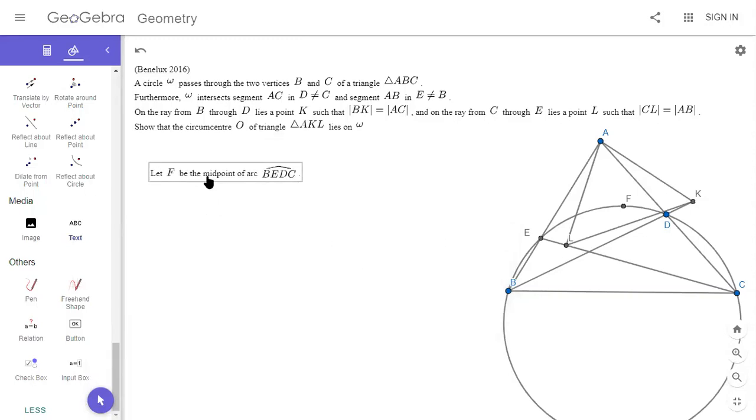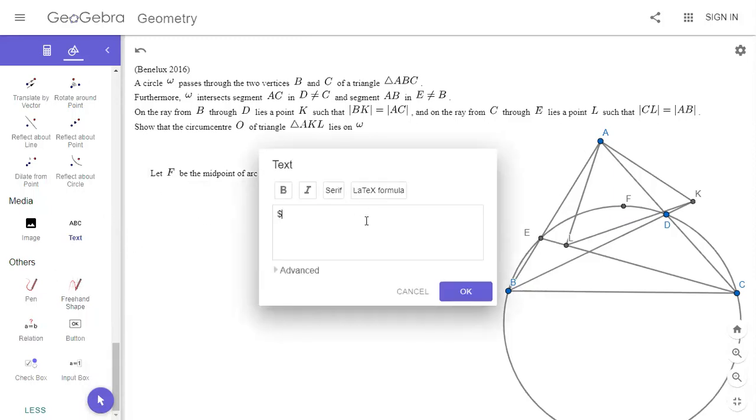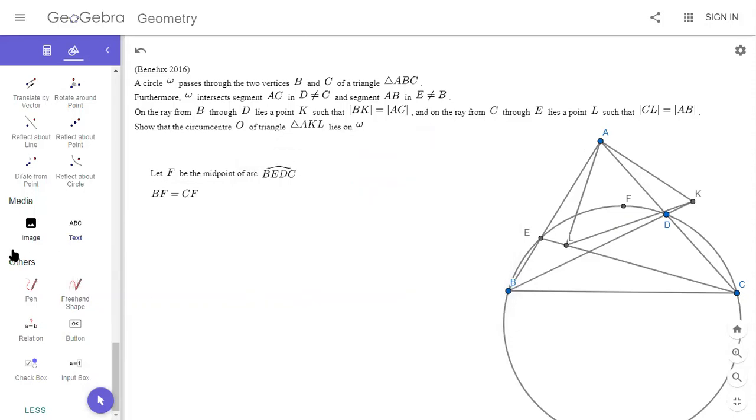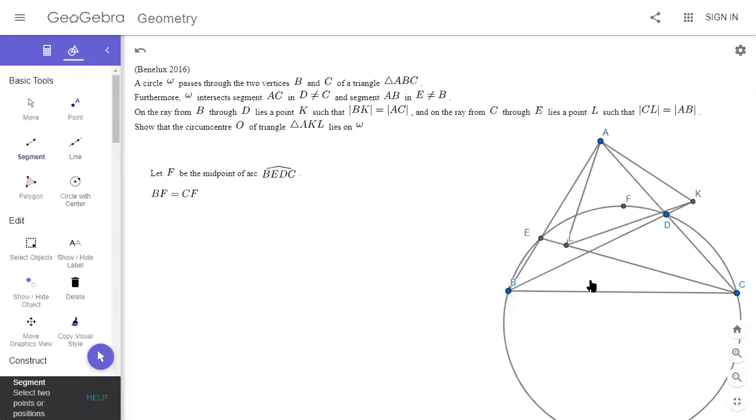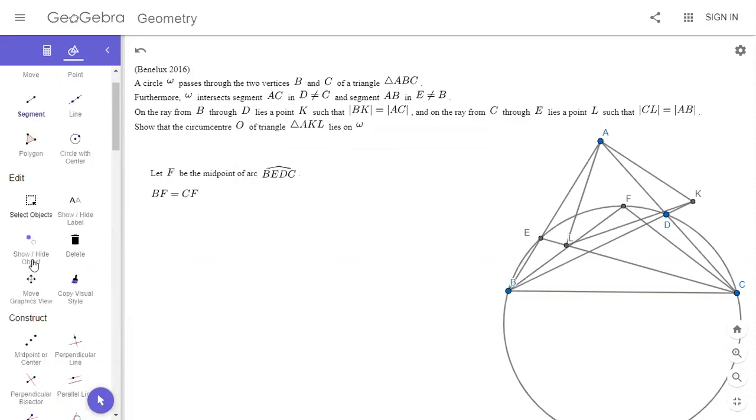And then I'm trying to show ABF is congruent to CFL. So since F is the midpoint, we have BF is equal to CF. I could draw those in, I guess. And we also have AB is equal to CL from the problem statement.